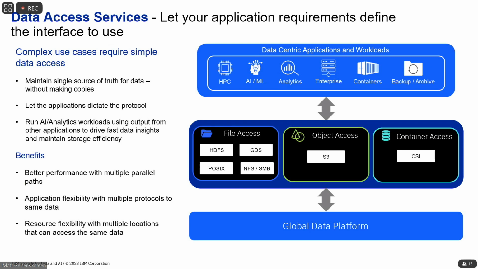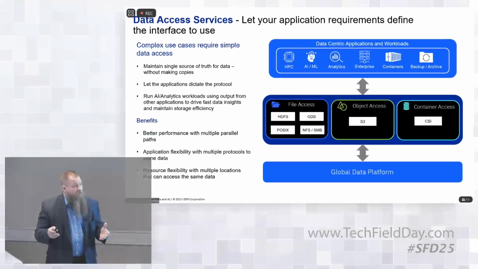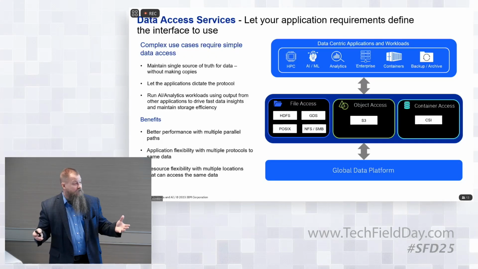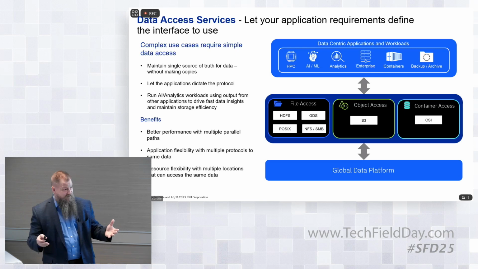That's a good start, but it needs to be a shared multi-protocol approach. In other words, that cloud native or edge app might be speaking object and writing the data in object repositories. Later in the process, I may be doing something like a machine learning training and inferencing phase. I want the highest performance that I can get.